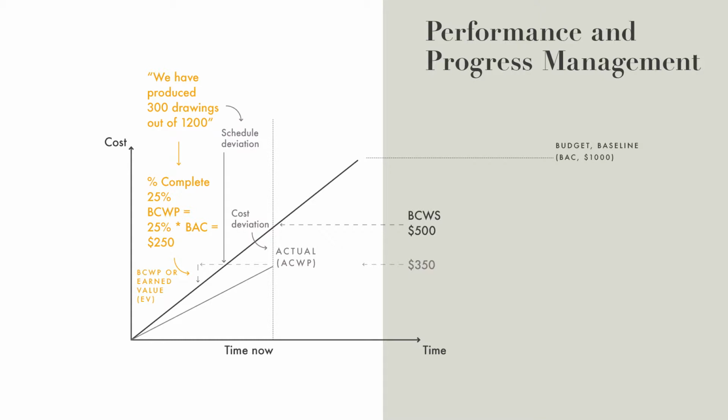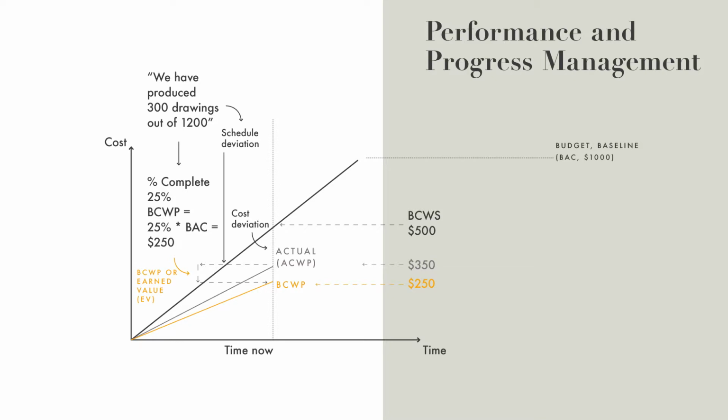And that is actually the earned value, budgeted cost of work performed. So the kind of a value that we have really earned due to doing really some productive outputs. So we have earned worth 250.